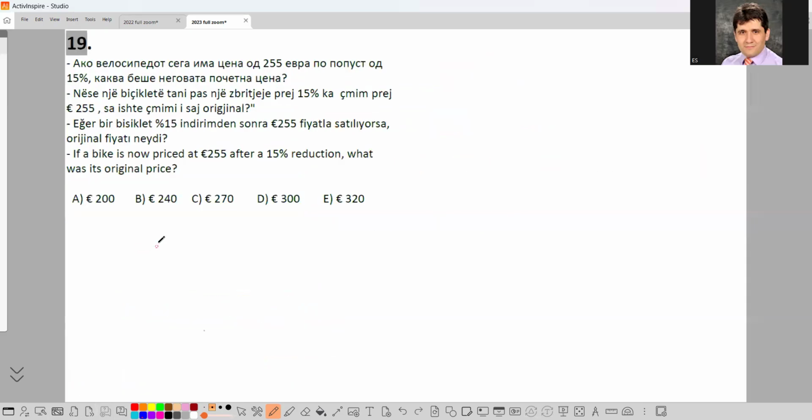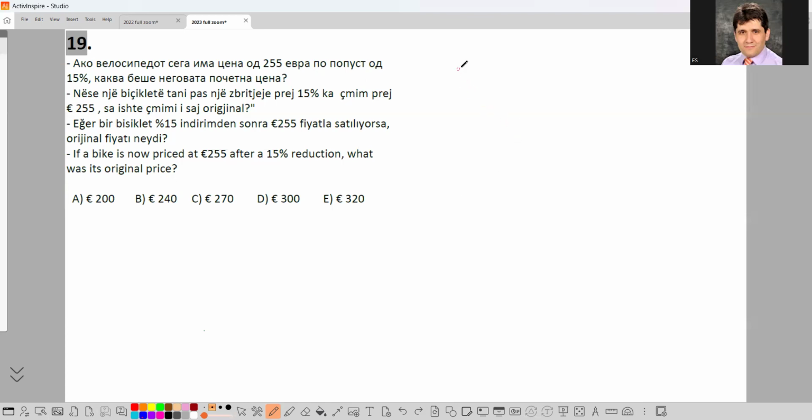If a bike is now priced at $255 after a 15% reduction, what was its original price? We don't know the original price, but from the original price, 15% was reduced, and now we end up at 255.